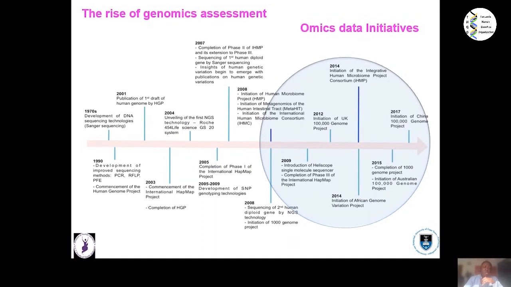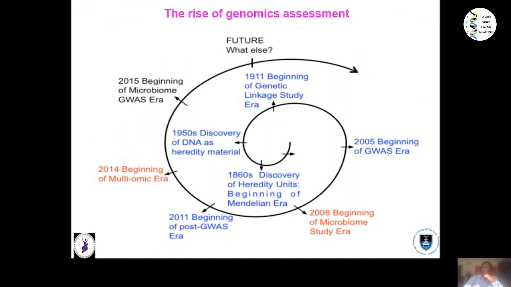Apart from data initiatives, a lot of approaches have been developed, starting from 1911, the beginning of genetic linkage studies, and then moving forward to 2005, the beginning of the GWAS era, and 2008, when microbiome studies started, up till today.